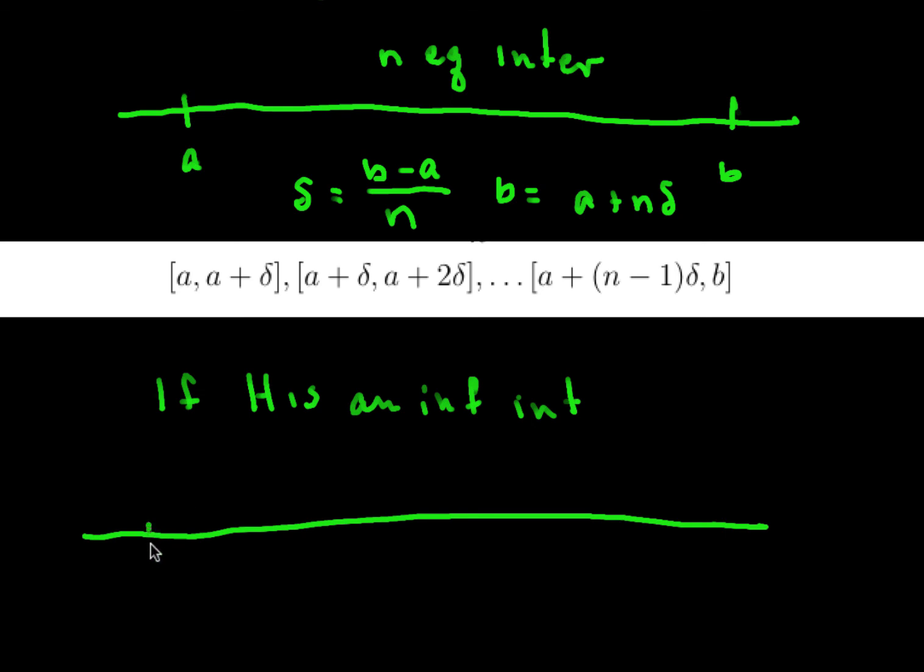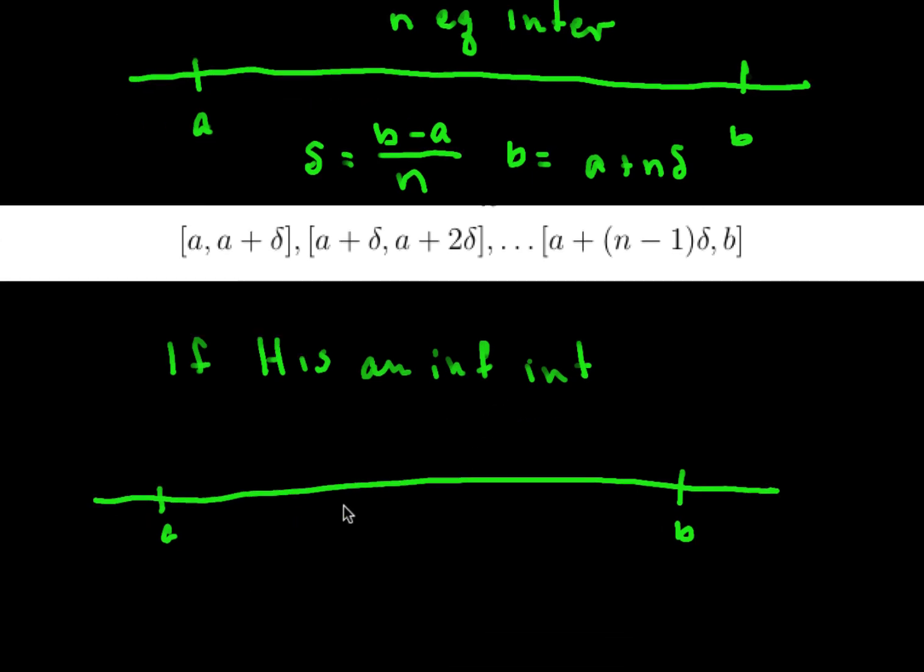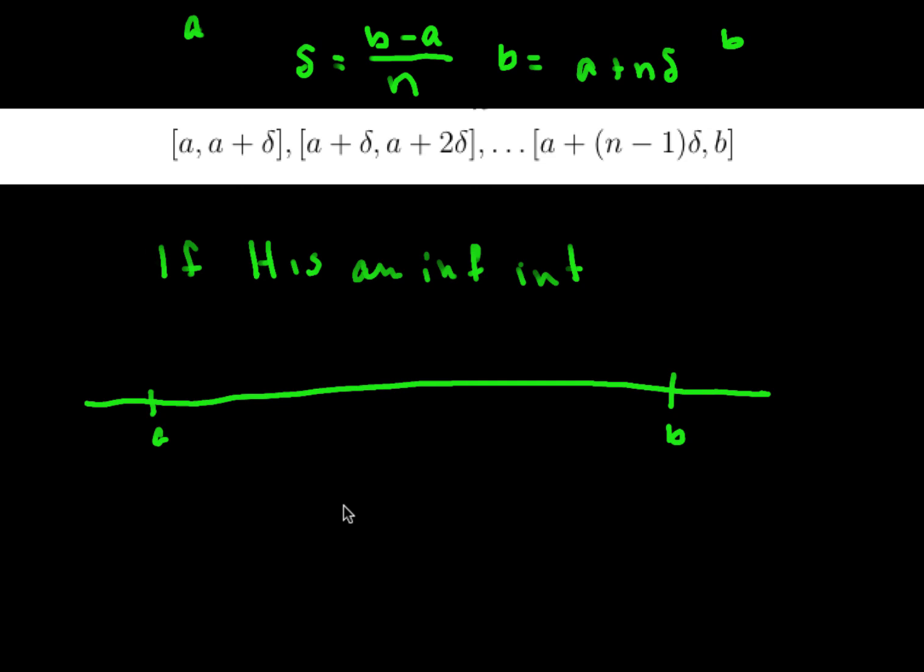I'm going from A to B, and now I want to cut it into an infinite number of pieces. So what would my delta be? What would be the length of each of my intervals? Well, just like before, delta would be the length of my domain, so b minus a, and I'm going to cut it into h equal pieces.